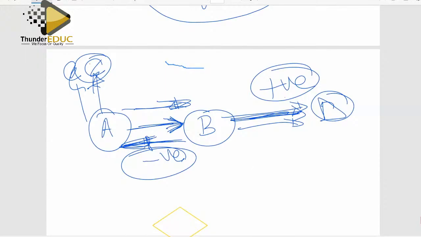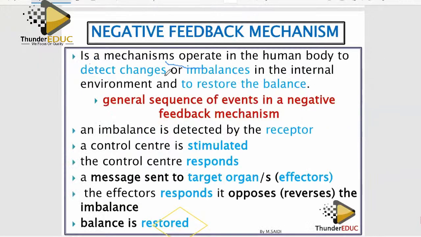All right. So negative feedback mechanism is the mechanism which restores what was imbalanced back to balance. The imbalances are brought back to balance. For example, it's too hot. You feel uncomfortable. What you do to bring back your normal situation is a negative feedback mechanism.